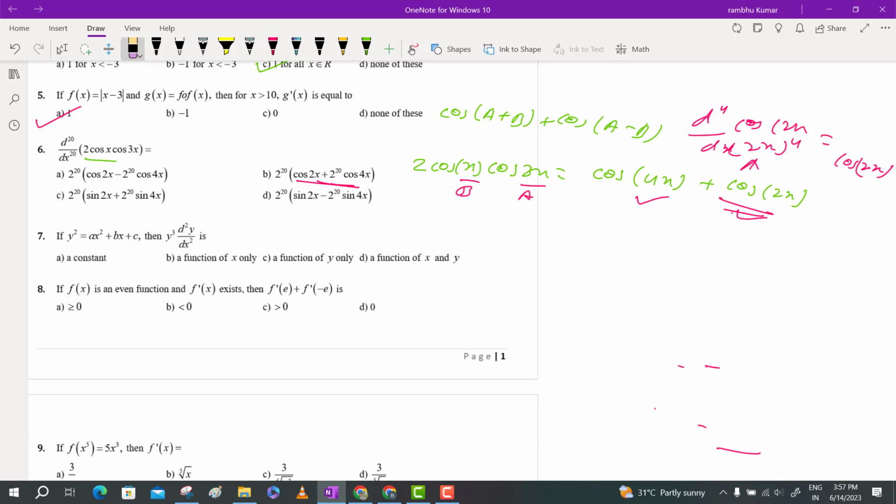So here you can see the derivative of this function. Now let's find this.